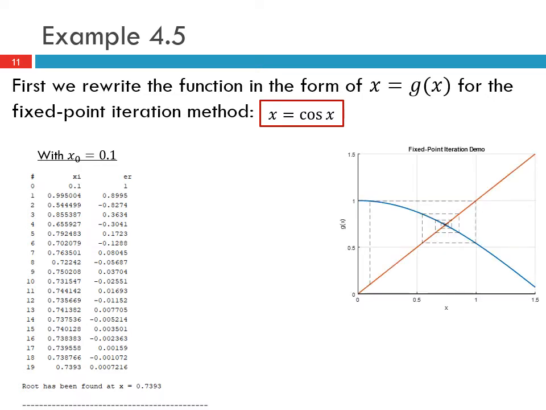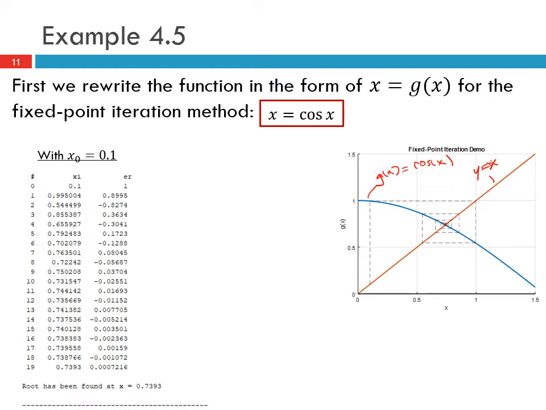And you can see here how this takes place. This blue line here is my g of x, which is cosine x. This orange line here is my line y equals x. So my root happens at the intersection of these two lines.